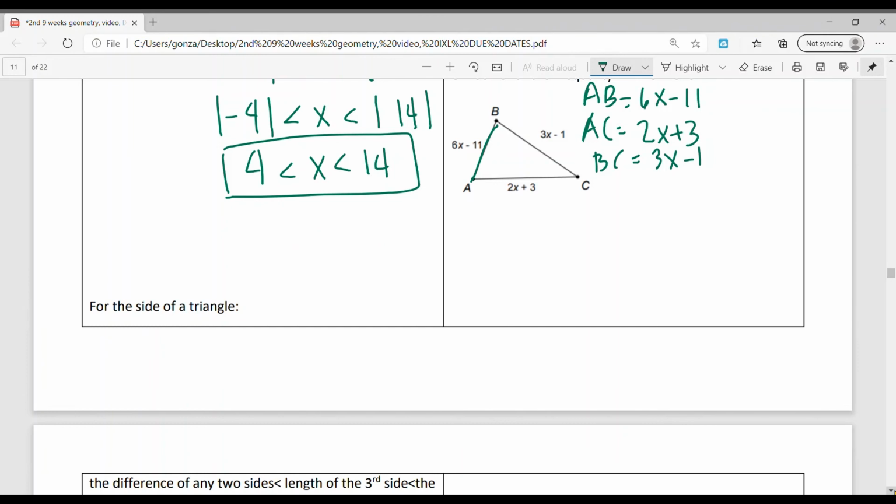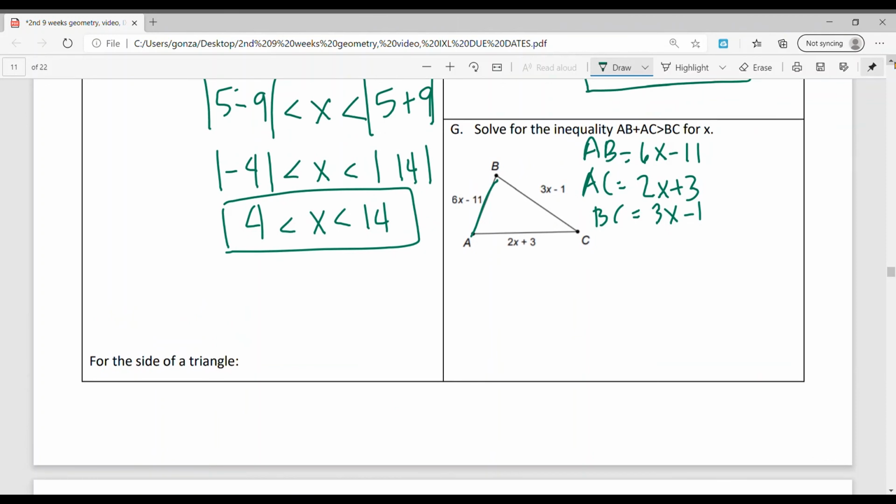From here, I'm going to look at the inequality one more time. I'm going to add AB and AC. So 6x minus 11 plus 2x plus 3 is going to be greater than 3x minus 1, and they want us to solve for x. So I have 8x minus 8 is greater than 3x minus 1.